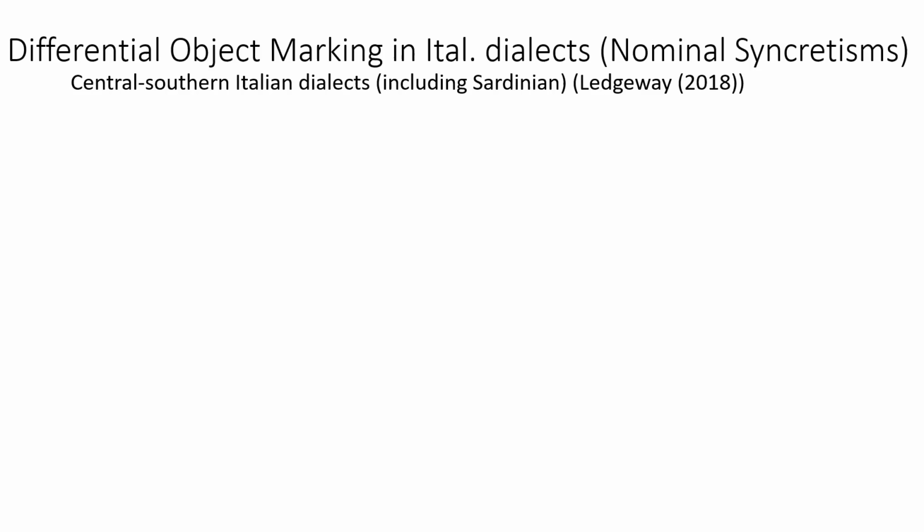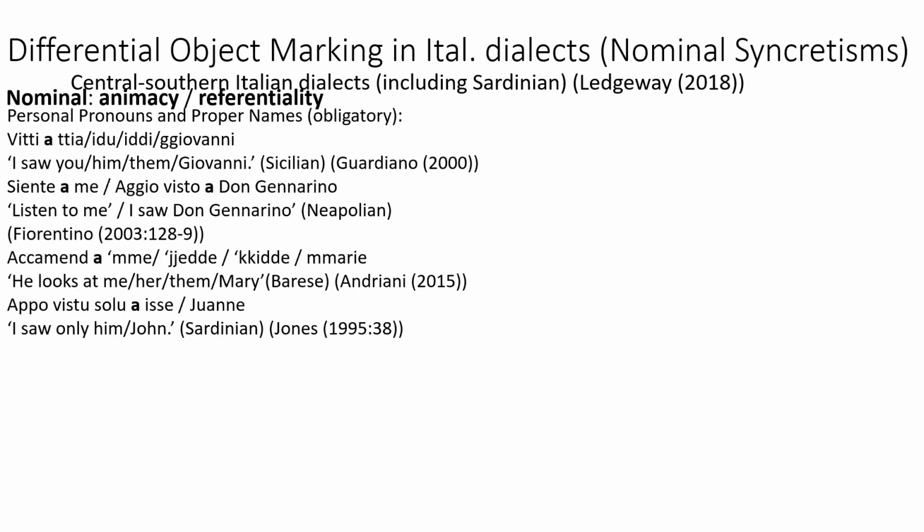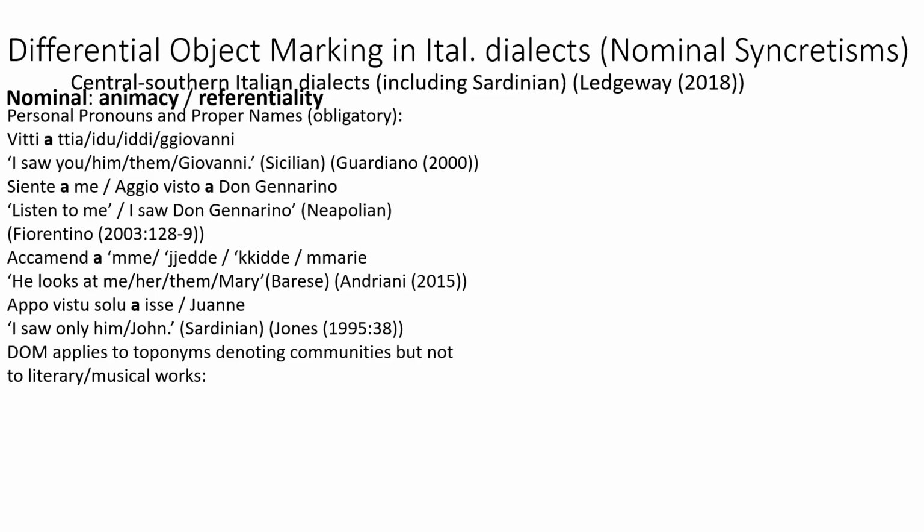So DOM is pretty prevalent in central and southern Italian dialects, and I'm including Sardinian here, where DOM also exists. In terms of animacy and referentiality, a is obligatory for marking personal pronouns and proper names. So there are these examples in pretty much all the varieties. A is obligatory when it comes to personal pronouns and proper names.